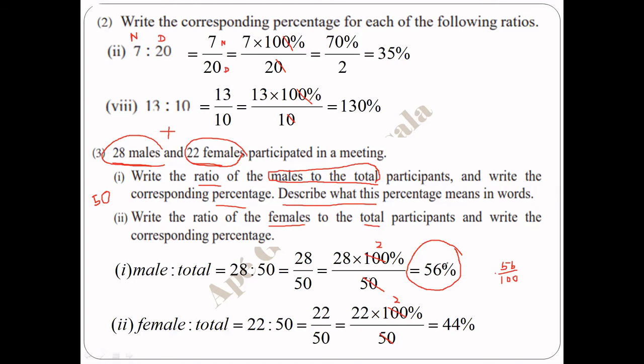If the total of the class is 100, only 56 students are males. That is the meaning here. So what about this one? If there are 100 students in the class, 44 students are females, like that, okay?